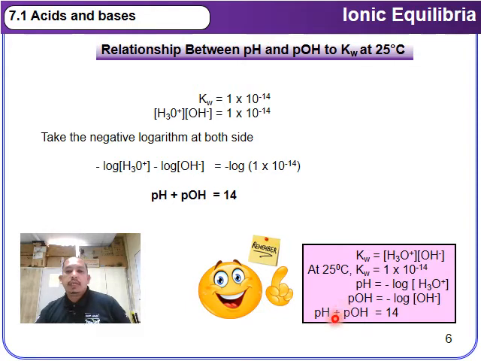The sum of pH and pOH equals 14. So please bear in mind all these five important equations.